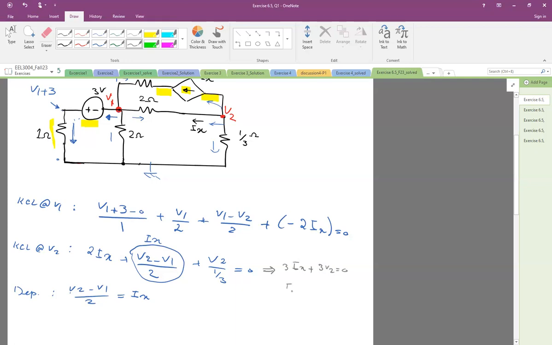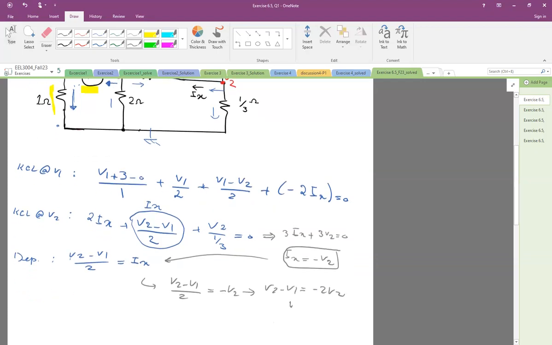In other words, Ix equals negative V2. Then if I put Ix equal to negative V2 here, V2 minus V1 divided by 2 equals Ix, which is negative V2. So V2 minus V1 equals negative V2. So 3V2 equals V1. So I found the relation between V1 and V2 from this equation.